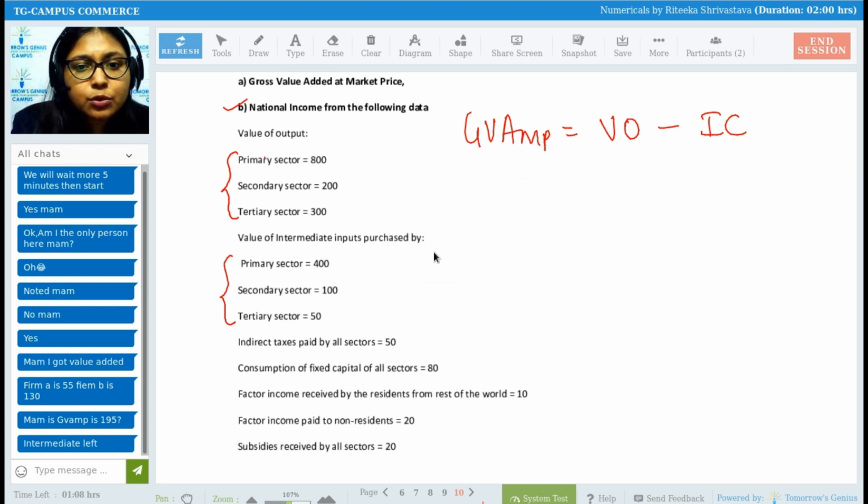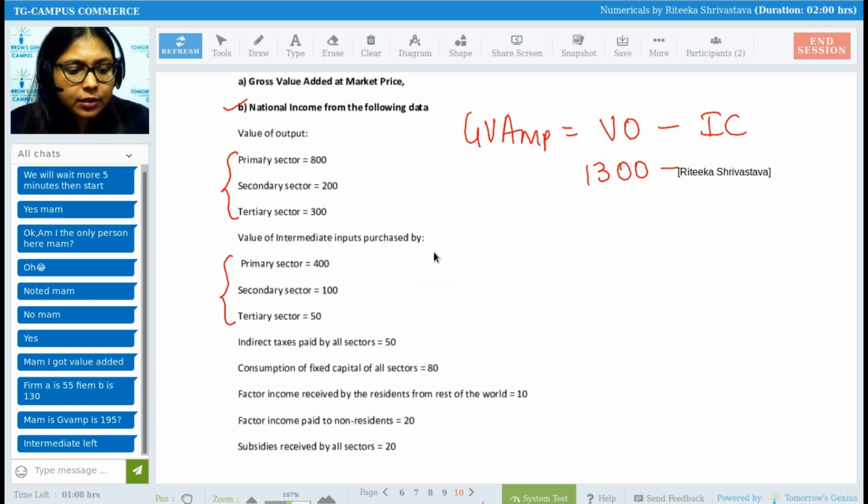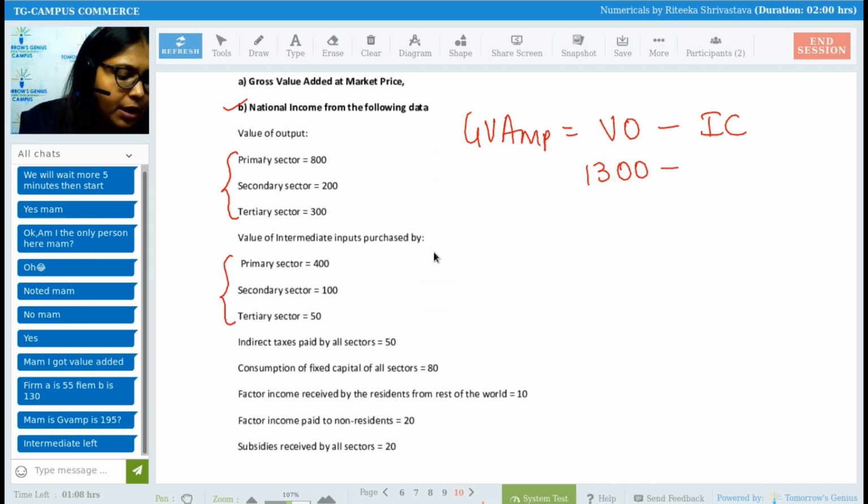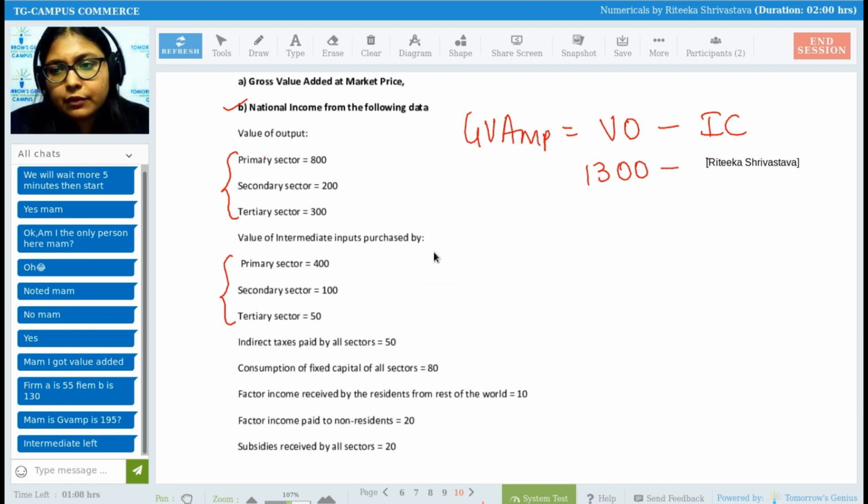So 800 plus 200 plus 300, how much? 1,300. Minus intermediate consumption. Same way, 400 plus 100 plus 50, how much? 550. Now deduct: 1,300 minus 550. Got GVAMP.